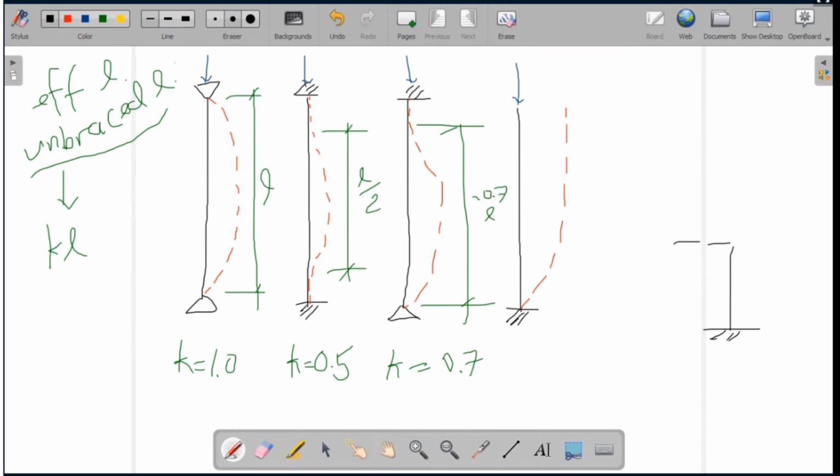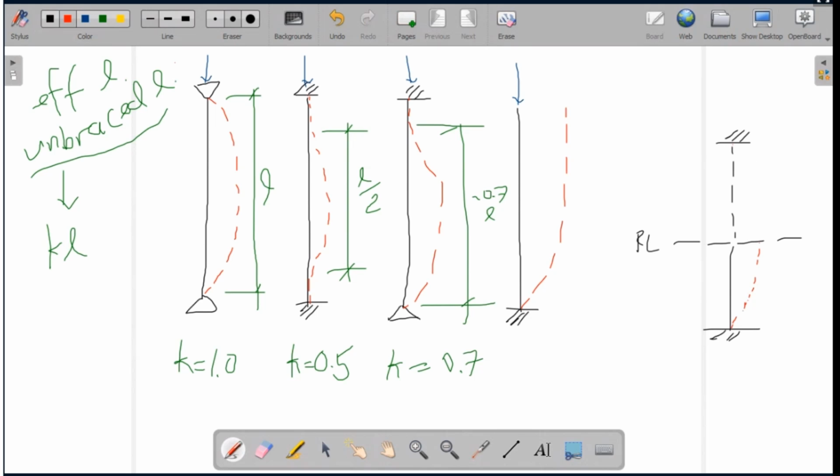We actually put a reflection line here. Then we consider this to be deflected like this.